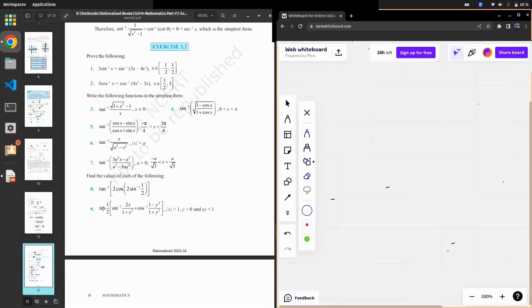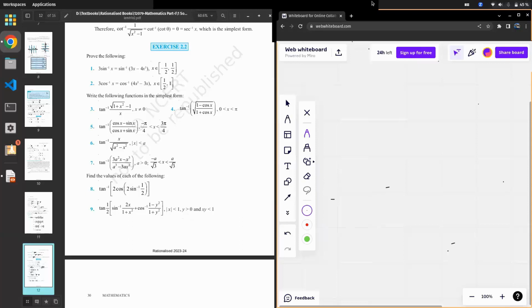Here also we have to find the value of tan of half into sine inverse of 2x by 1 plus x square plus cos inverse of 1 minus y square by 1 plus y square. It is given that x is less than 1 and y is greater than 1.